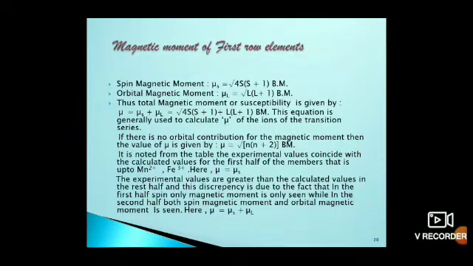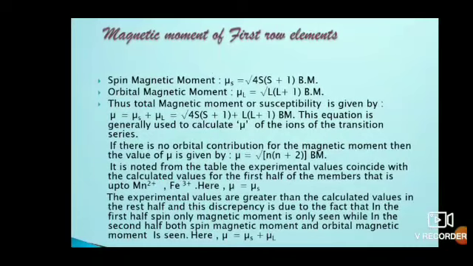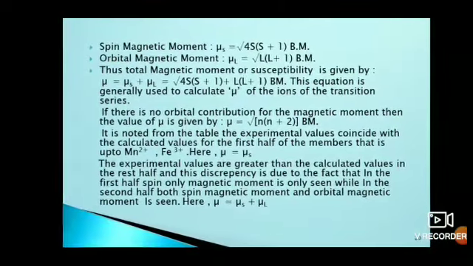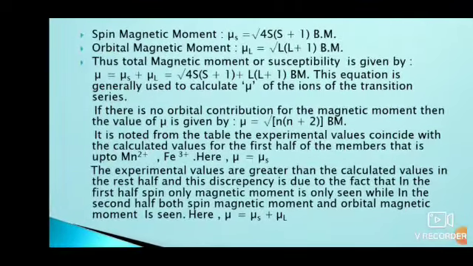We can observe that the experimental values are greater than the calculated values in the rest half. It is noted that the discrepancy is due to the fact that in the first half only spin magnetic moment is seen, while in the second half both spin magnetic moment and orbital magnetic moment are seen.